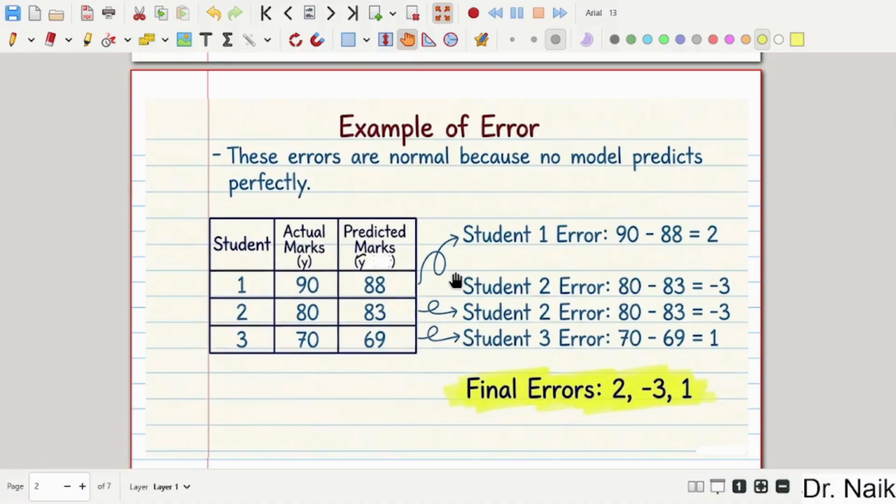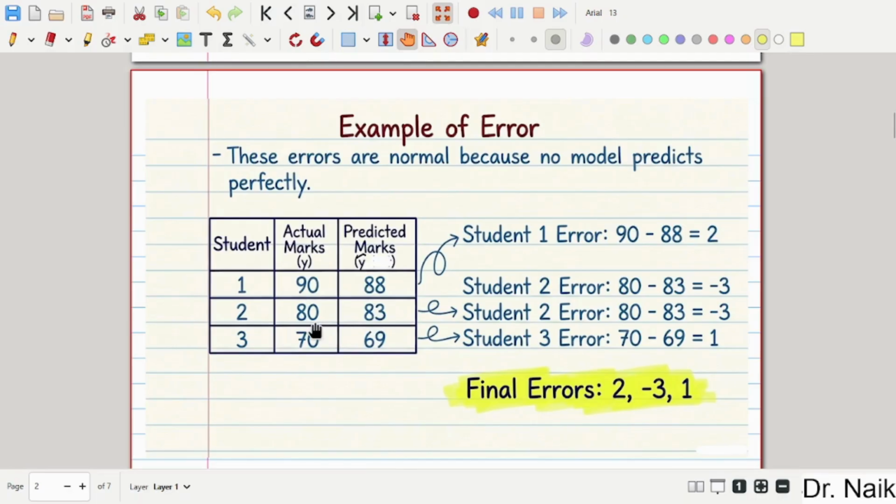Let's see an example. If there are 3 students and the actual mark for student 1 is 90, but the model predicted it as 88, then the error is 90 minus 88, that is 2. For student 2, the actual marks are 80, but the model predicts 83.